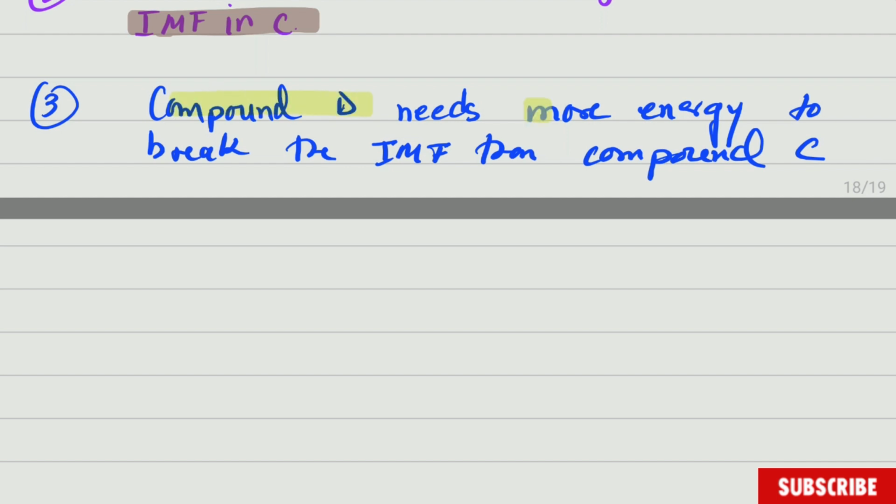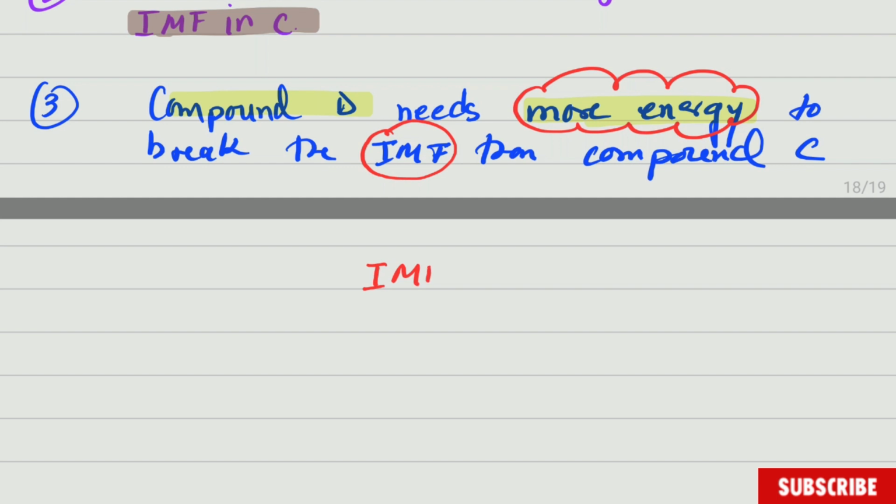Compound D needs more energy. Remember, do not forget the part when you explain about what compound needs more or less energy to break the intermolecular forces. Be careful as well. Let's make here a note saying that IMF is intermolecular forces.